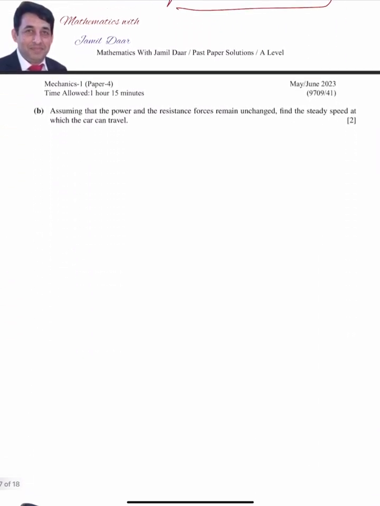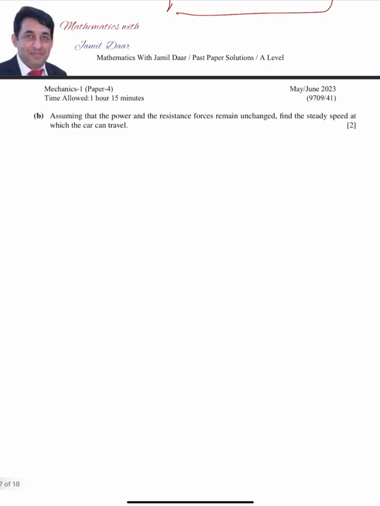And next part B is: assuming that the power and the resistance forces remain unchanged, find the steady speed at which the car can travel. Steady speed means constant speed. If the speed is constant, that means driving force is equal to resistance force. Driving force would be power over velocity, and resistance force is fixed 500 Newton, right?